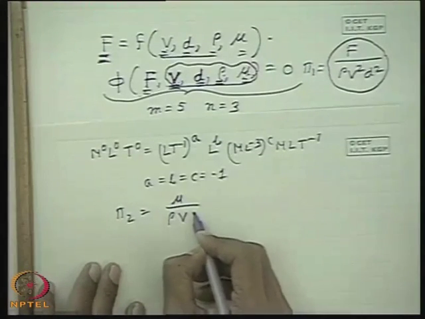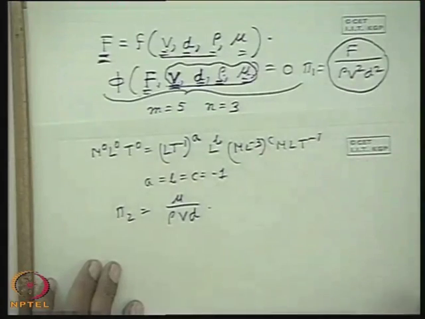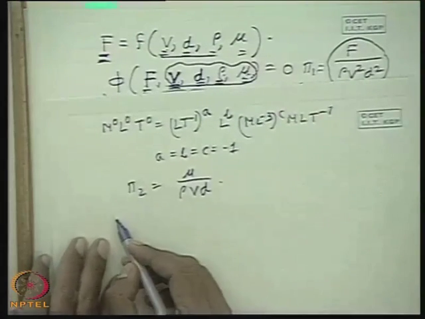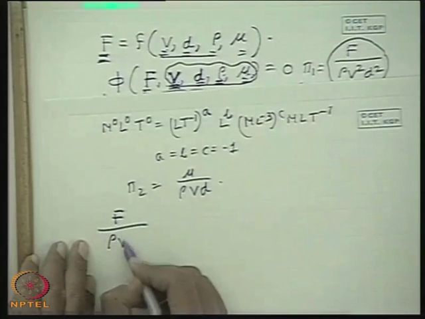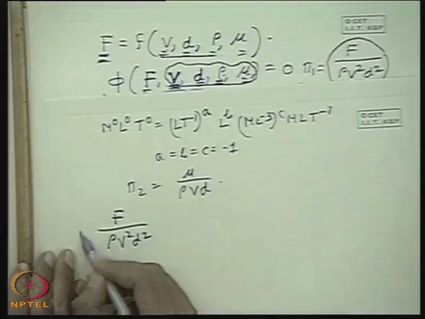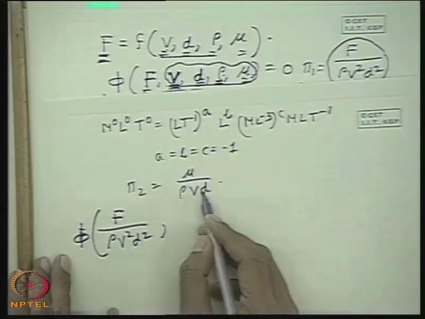So what is done first, the pi 1 and pi 2 terms are recognized. Therefore the problem is now defined as F by rho V square D square, a functional relationship of some phi, of rho V D by mu.